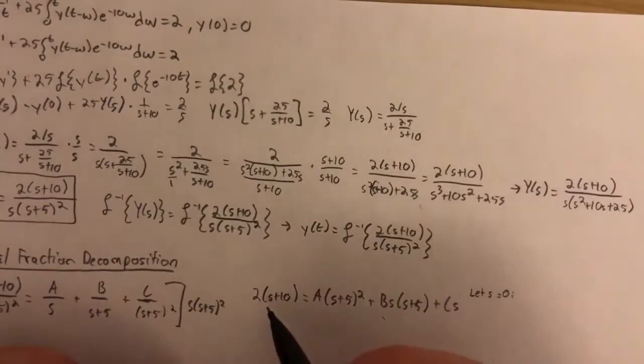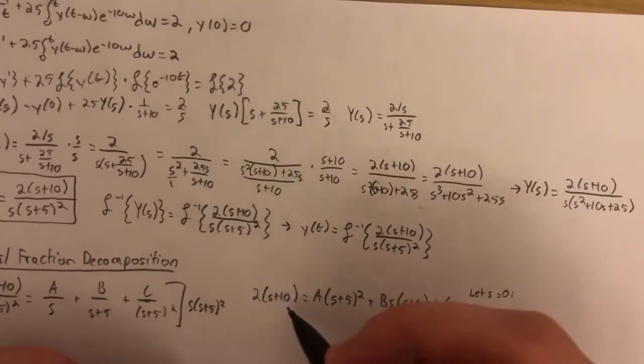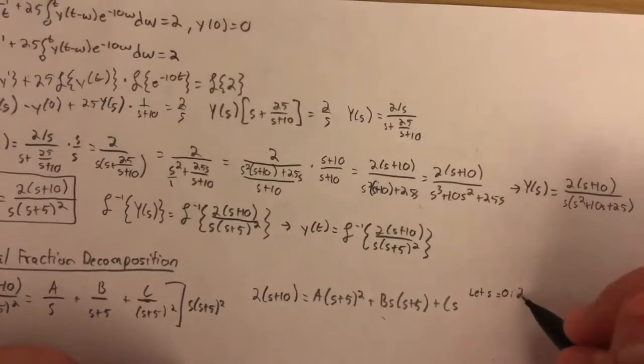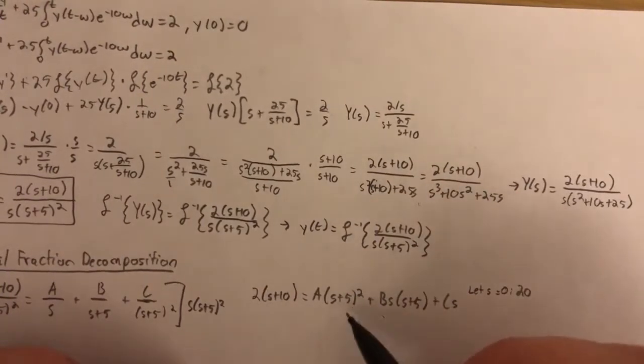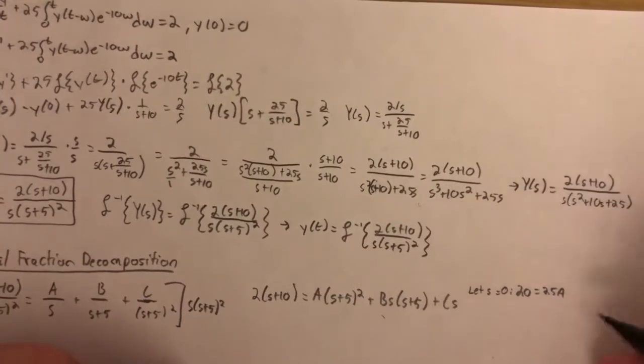So let's plug s equals 0 into the left and right side. So 2 times 0 plus 10, 2 times 10 is 20, equals a times 0 plus 5 is 5 squared is 25, equals 25a.